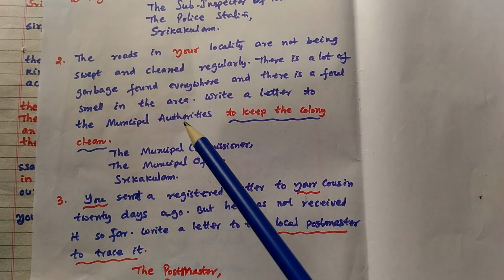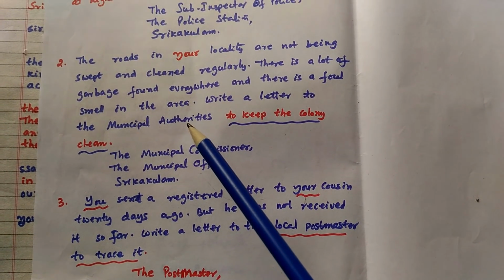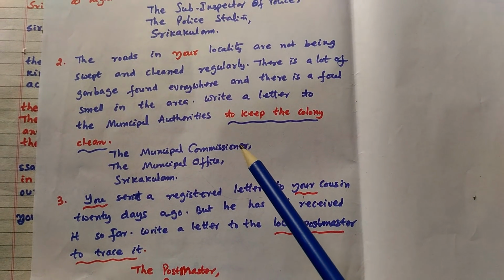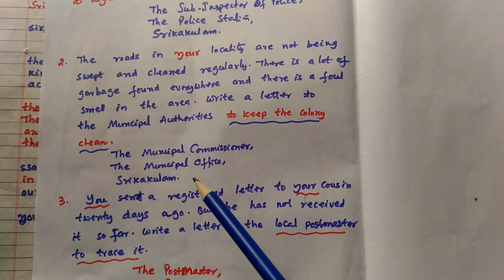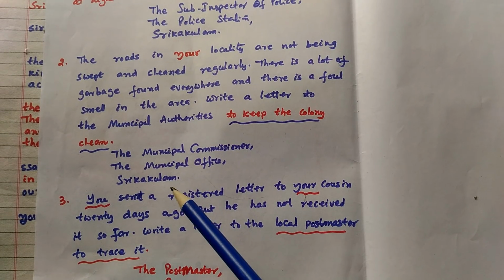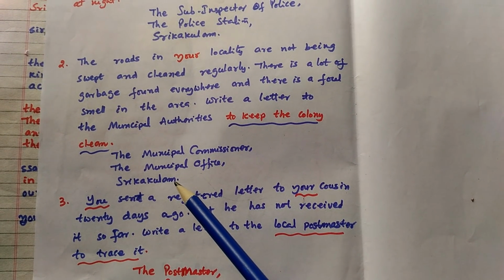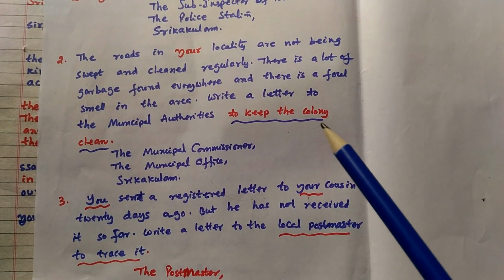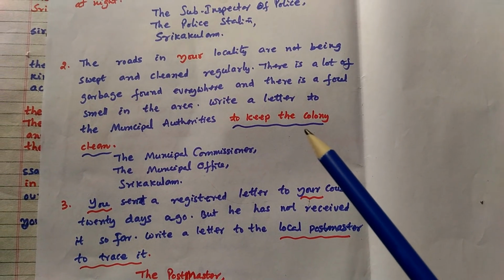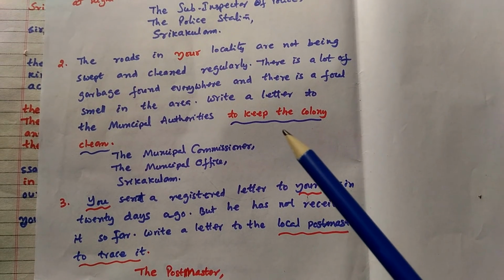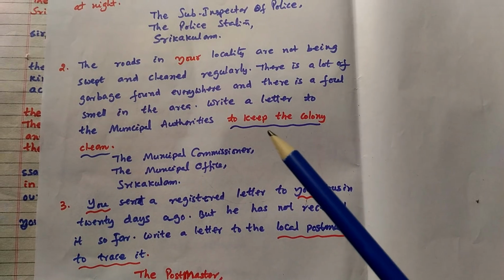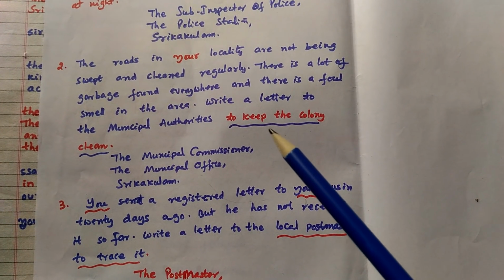Here is the clue for the receiver's address: the Municipal Commissioner, the municipal office name, and the town name, Srikakulam. And in the third paragraph, whenever we make a request, this clue word will be helpful for writing the request.